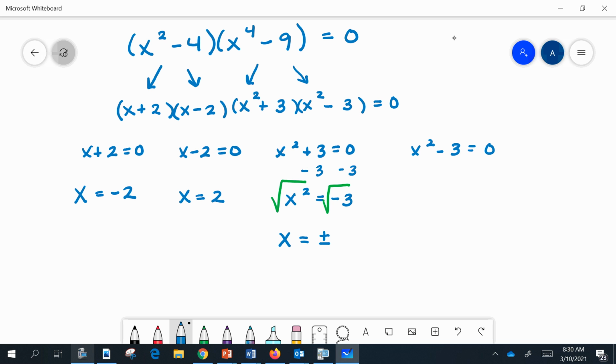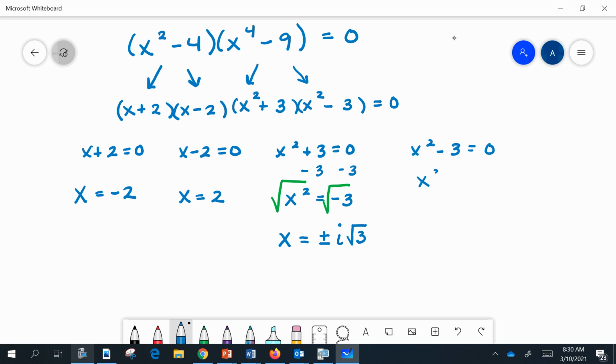All right, because we're square rooting the negative, that's going to be represented as an imaginary number. And we'll then have the square root of 3, which can't be simplified, okay? So those two solutions are going to be plus or minus i square root of 3.